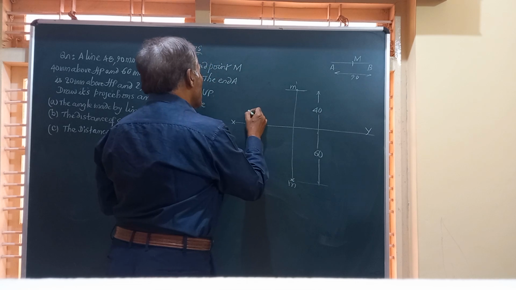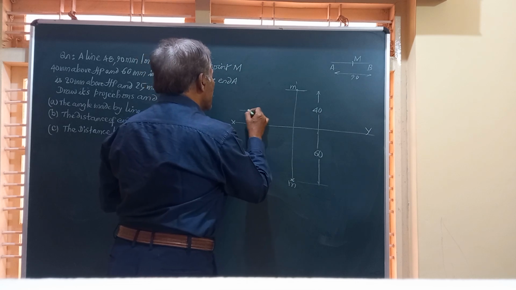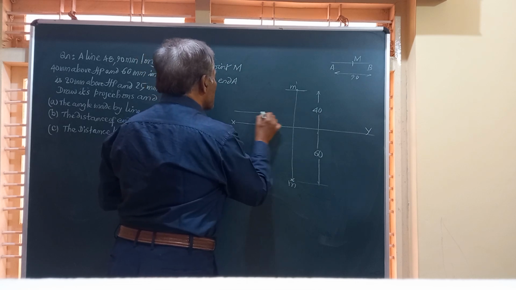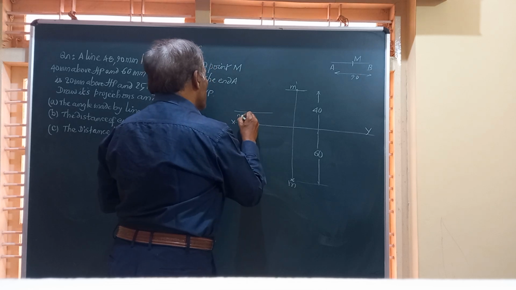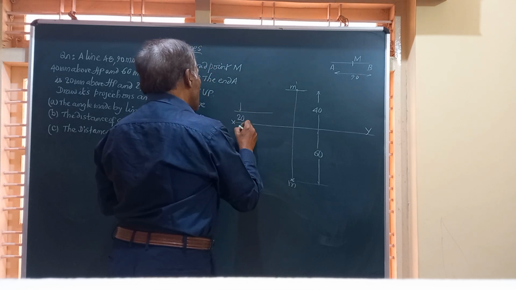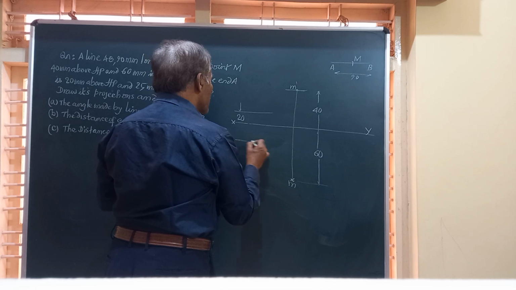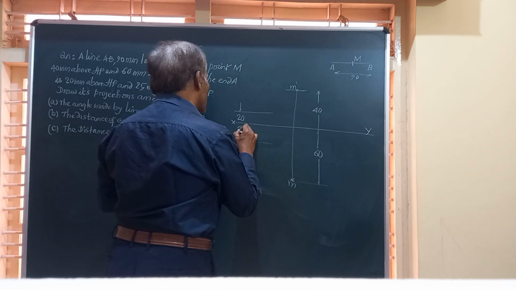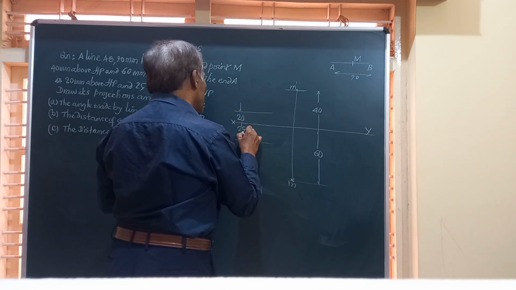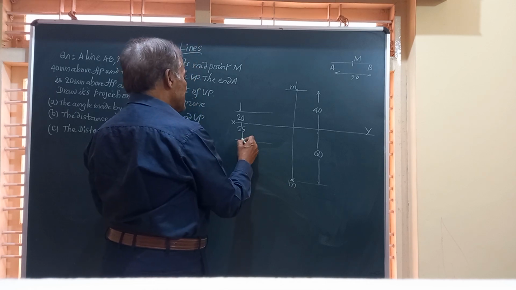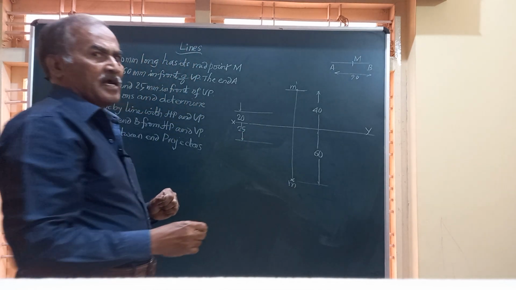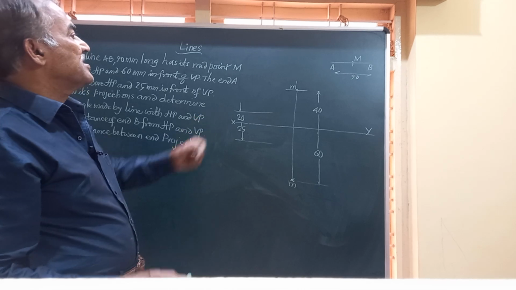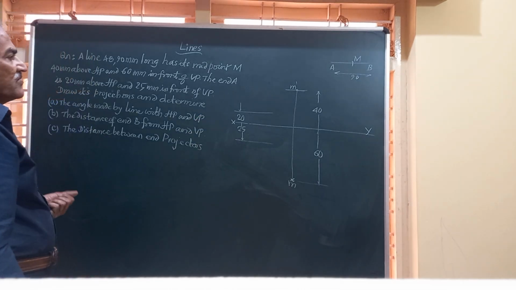We are going to mark the locus of that end A at a distance of 20 mm above HP and is also 25 millimeter in front of VP.